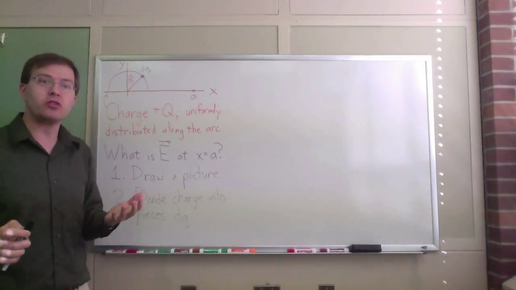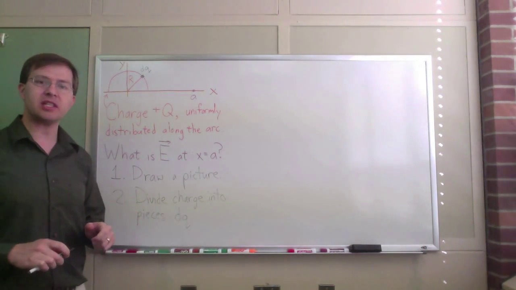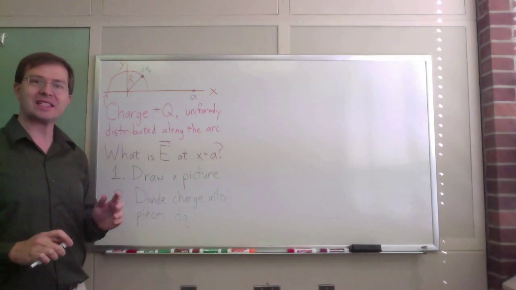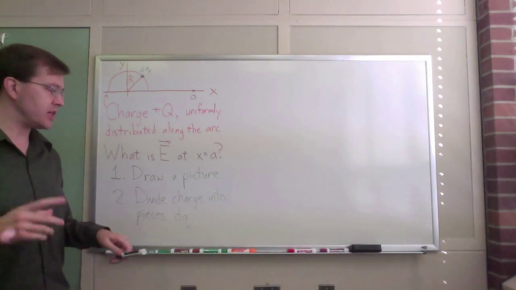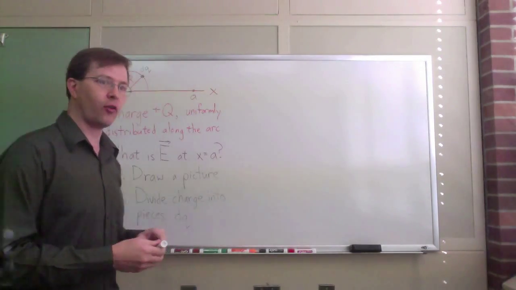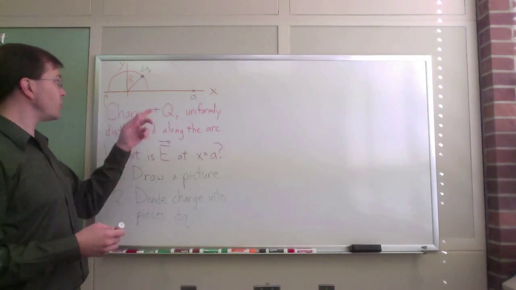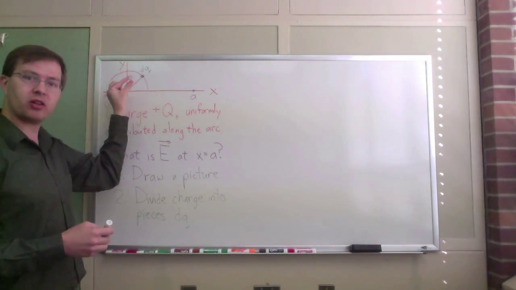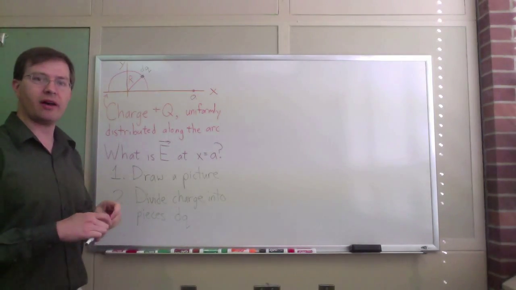For other systems in two dimensions, maybe you'd split it up into things that weren't points, but points are great. The important thing about the dq is that you should know exactly what the electric field is for your dq. In this case, my little bit of charge dq is essentially a point. If that's an infinitesimally small little piece of my arc, then it is essentially a point, and I can use Coulomb's law for that.